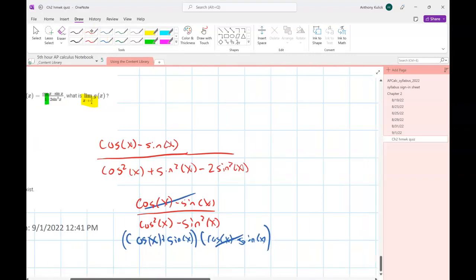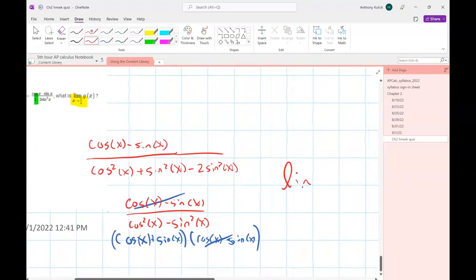So what I simplify this down to is I have the limit as x approaches pi over 4 of 1 over cosine x plus sine x.